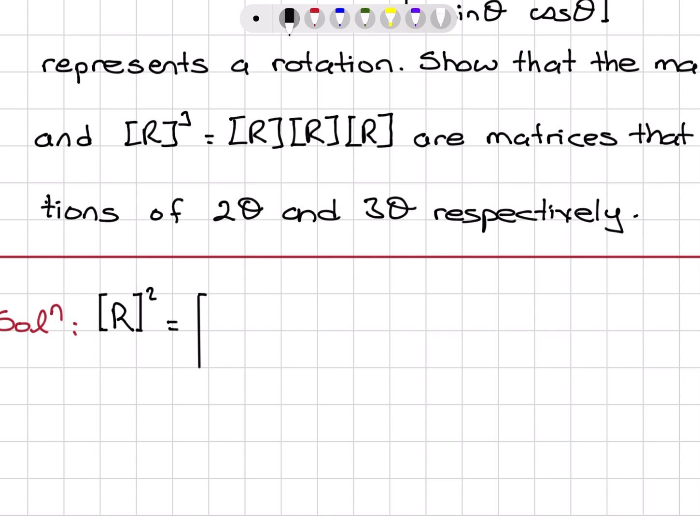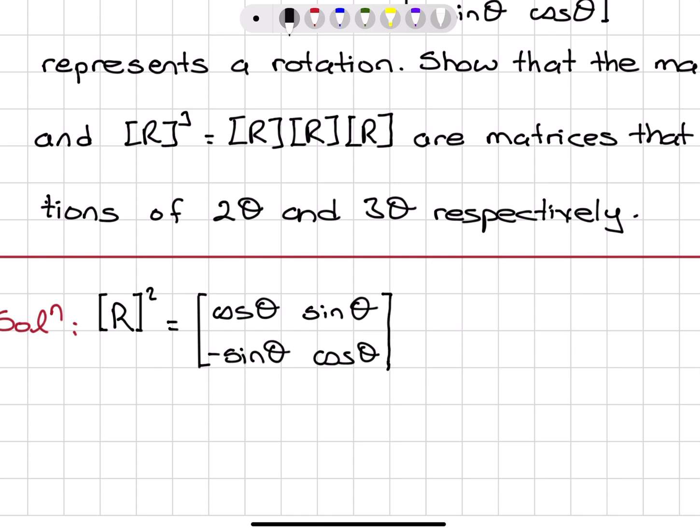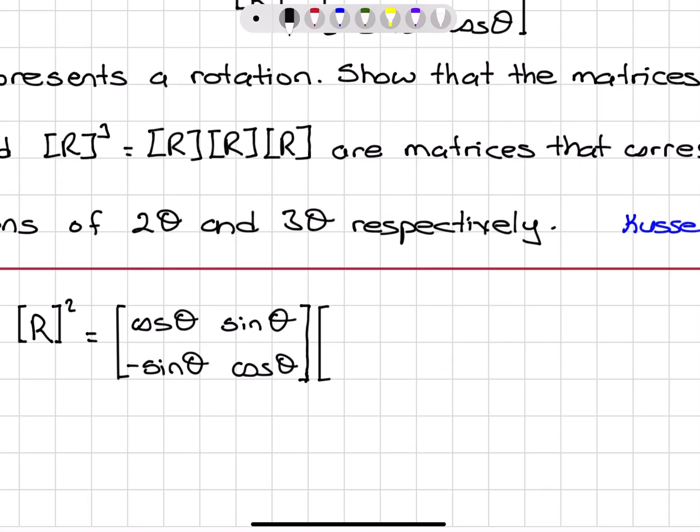So we have cosine theta in the first row, first column, sine theta in the first row, second column, minus sine theta in the second row, first column, cosine theta in the second row, second column, and we're going to multiply it with itself. So the same matrix, cosine theta, sine theta, minus sine theta, cosine theta.